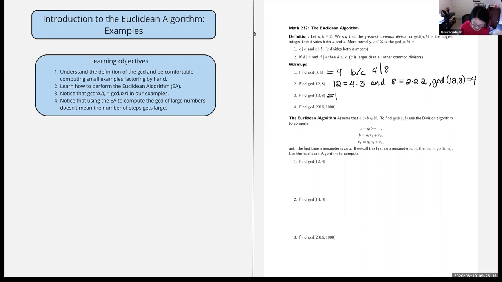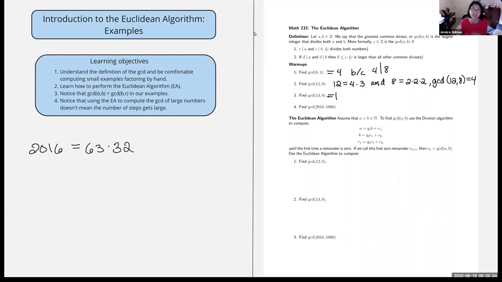So I did factor them, and my notes tell me that 2016, I'm going to write this in the big space off to the side here on the other page. So 2016 happens to be the same as 63 times 32.